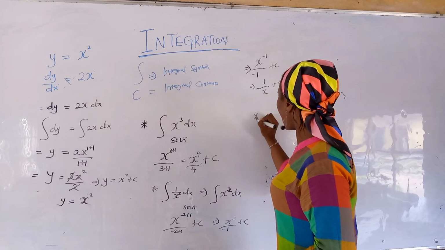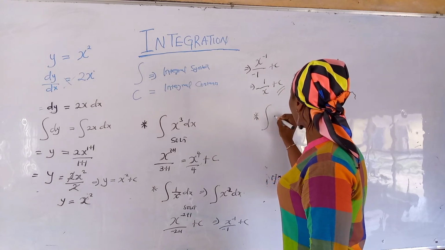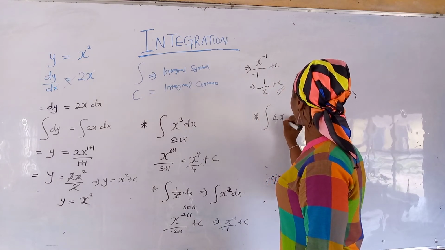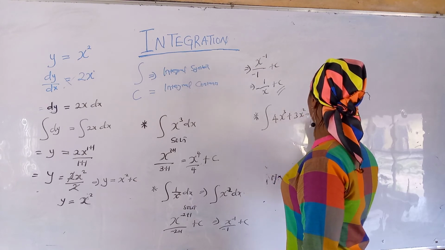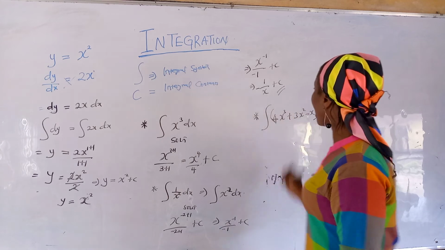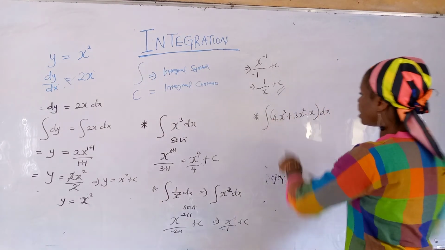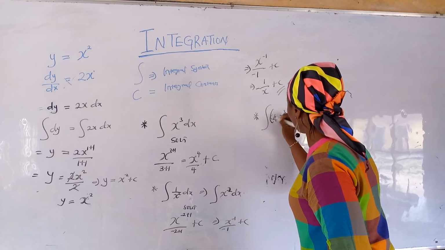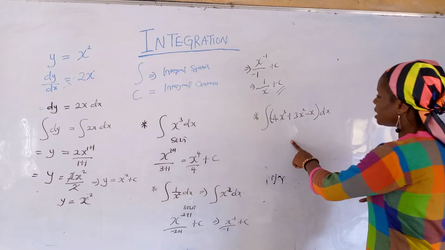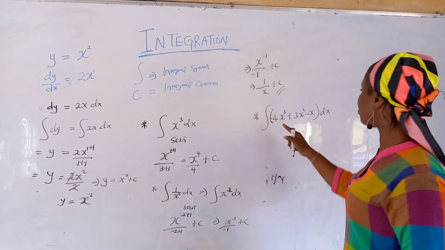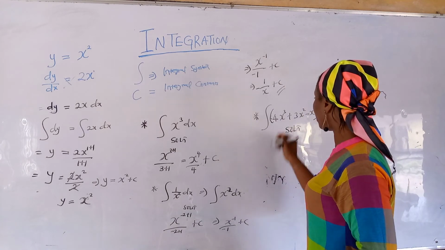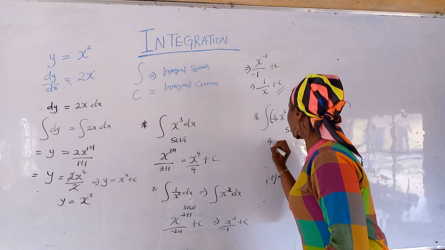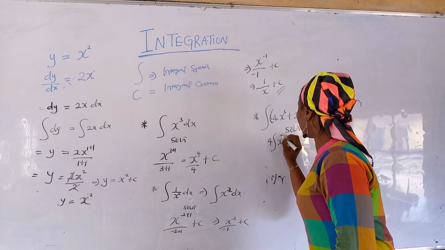Lastly, if you are asked to integrate a polynomial function such as this, please always split it and integrate the terms individually. What do I mean? This 4 is a constant, so I can bring it outside.